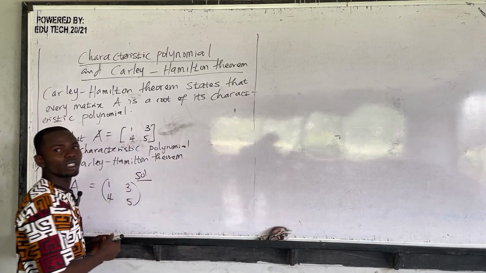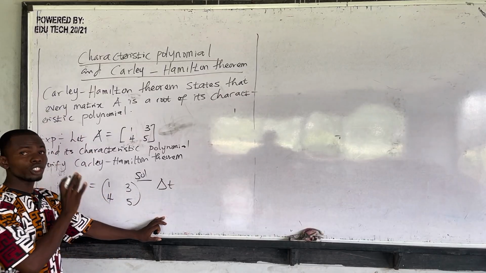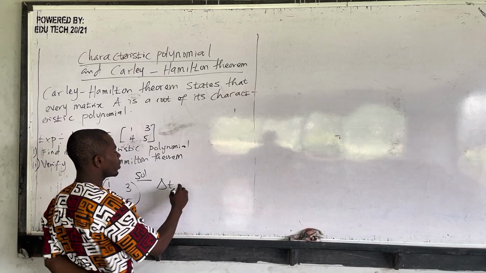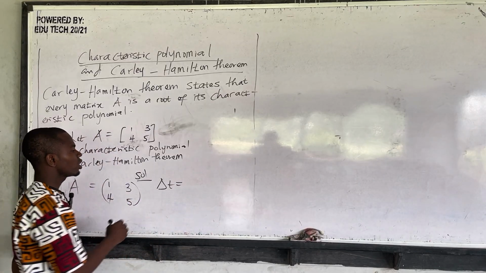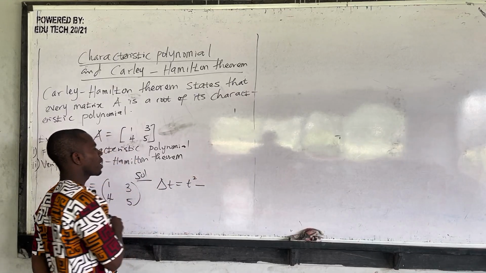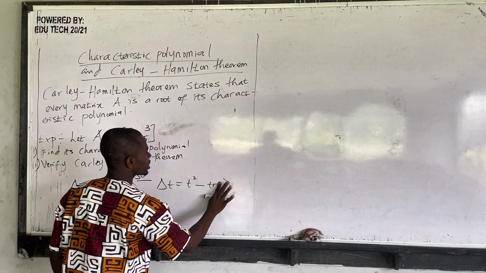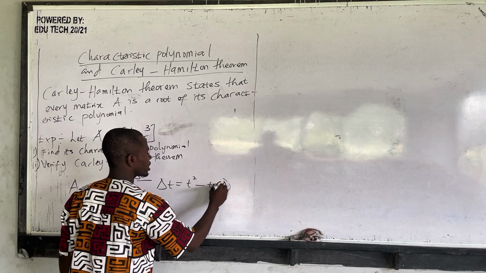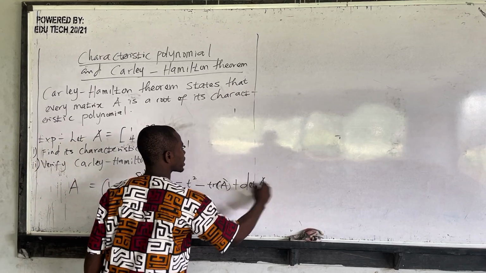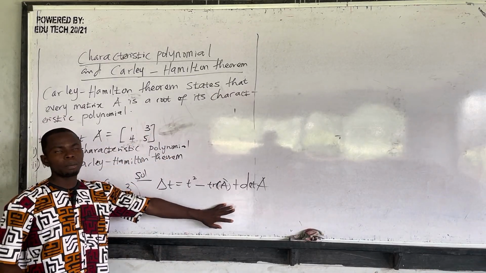The formula for the method is the general shortcut for a 2 by 2 matrix. The characteristic polynomial is equal to t squared, which is fixed, minus the trace of the matrix, which is trace of matrix A, where tr means trace, plus the determinant of that matrix A. This is the formula pattern.